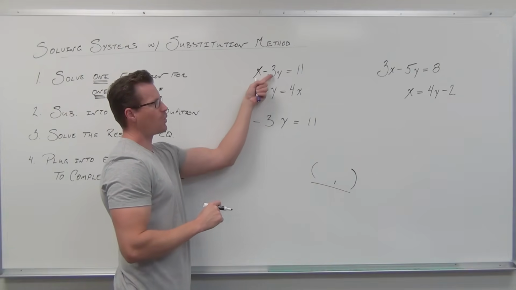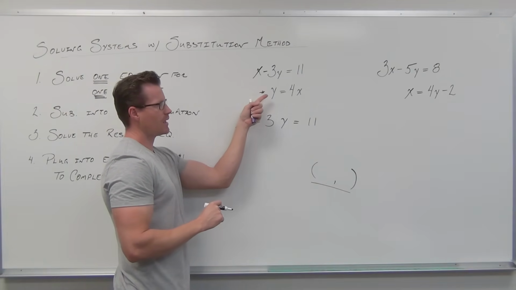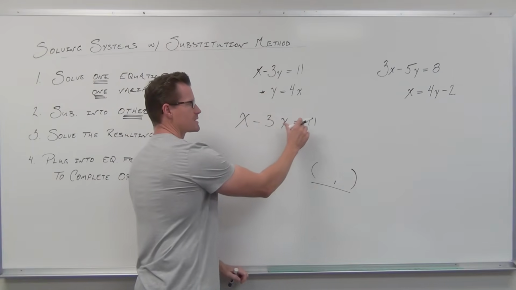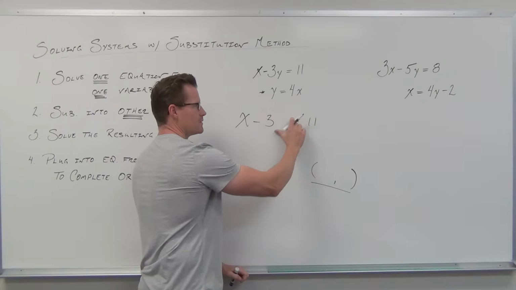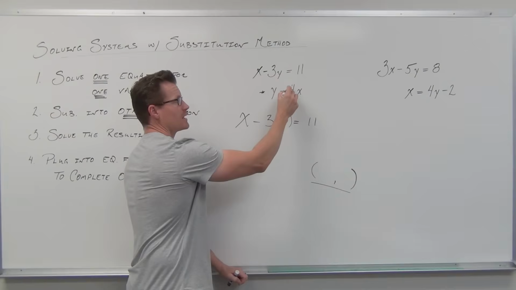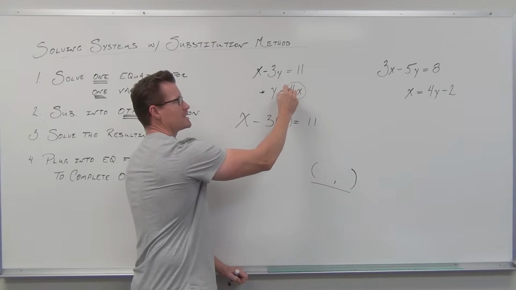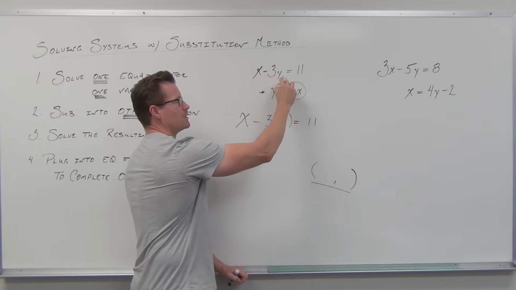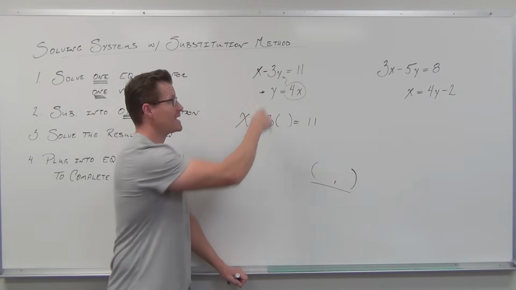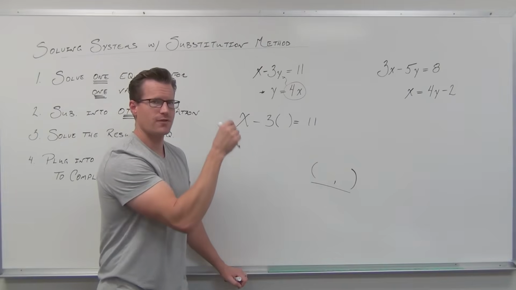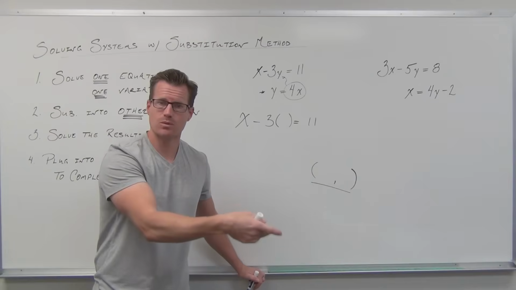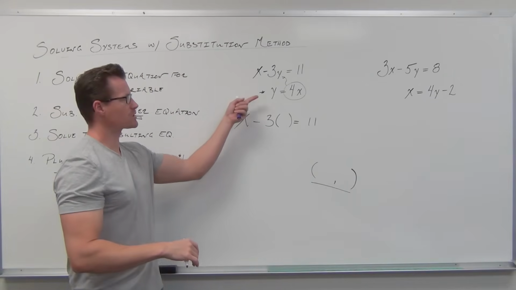But if these y's are the same, if this y equals 4x, but these y's are the same, then instead of having 3y, if the y's are the same, it lets you plug what the y is equal to into your other y. It says, well, I have x minus 3y. These y's are identical. So instead of x minus 3y, I could have x minus 3, whatever the y is equal to.